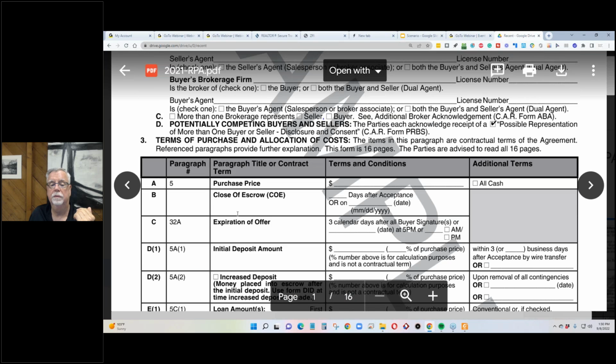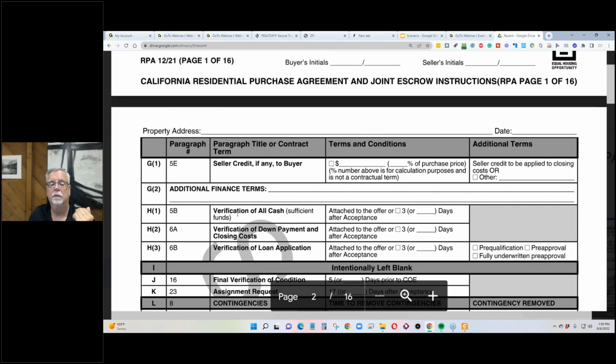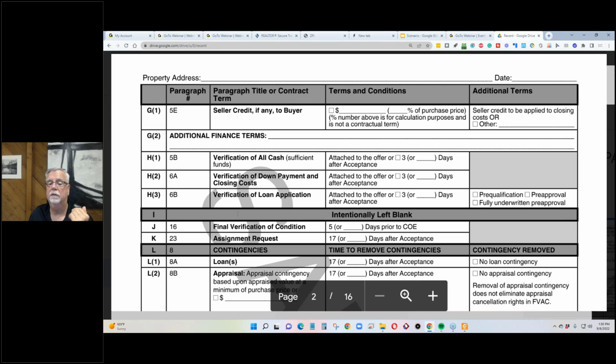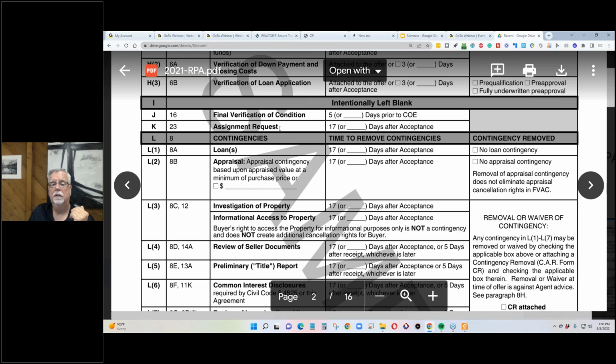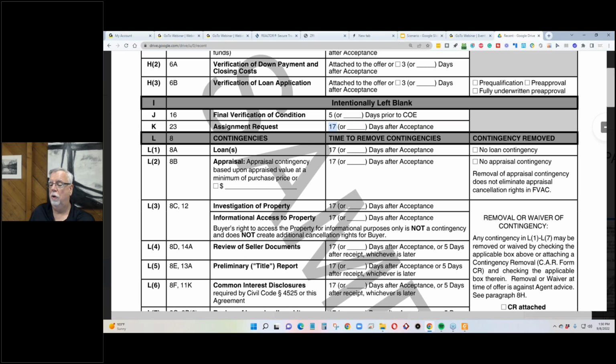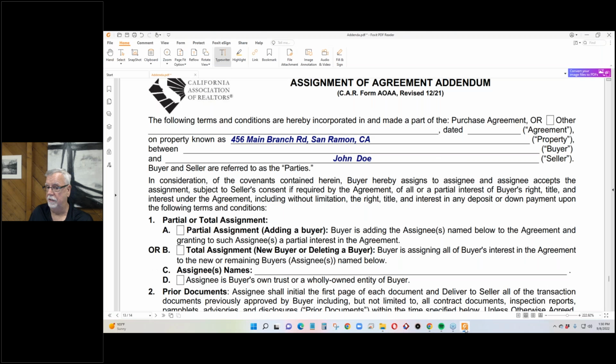Here we go. I'm usually quicker at finding these things. Assignment request. Everybody see that? Paragraph K, default setting is 17 days. So if you're going to make an assignment request, you have to do it within 17 days.